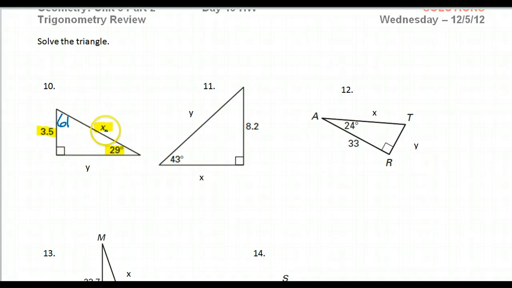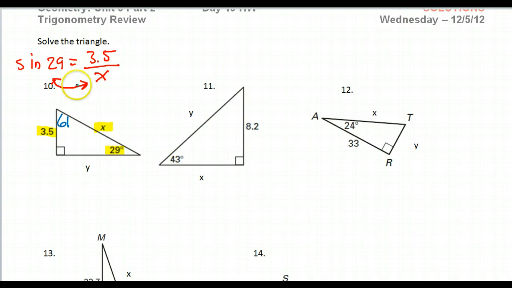Opposite, hypotenuse, that is the sine function. So I'm going to go sine 29 is equal to opposite over hypotenuse. Now, when the variable is in the denominator, that's when we do this reversal thing.